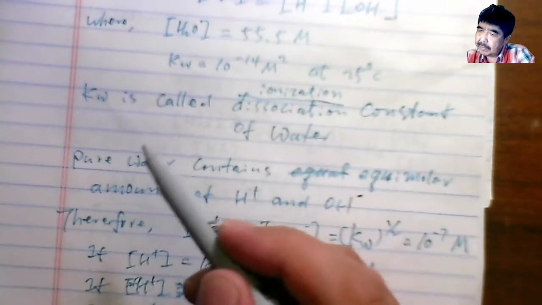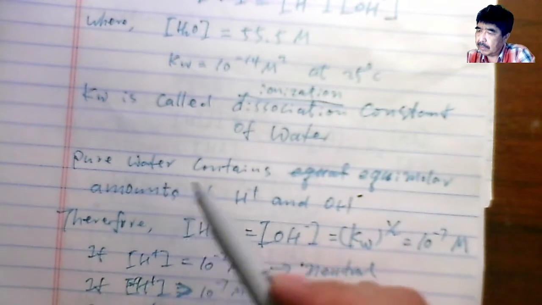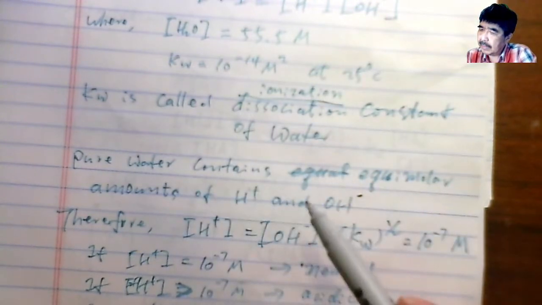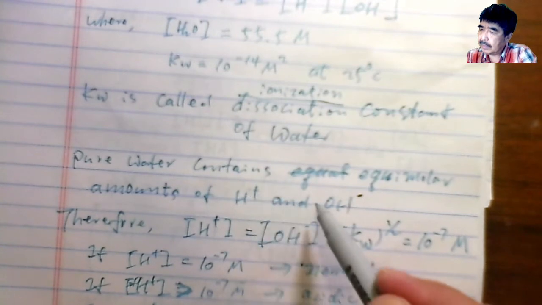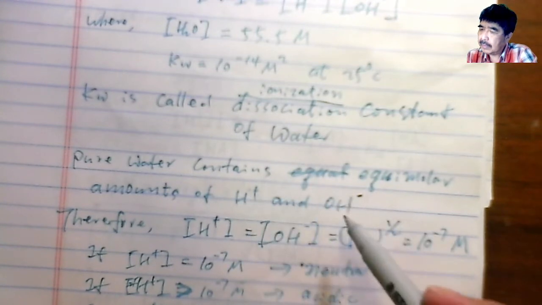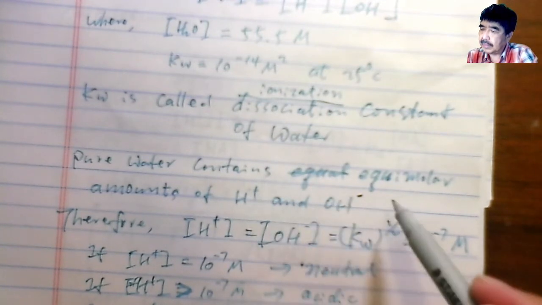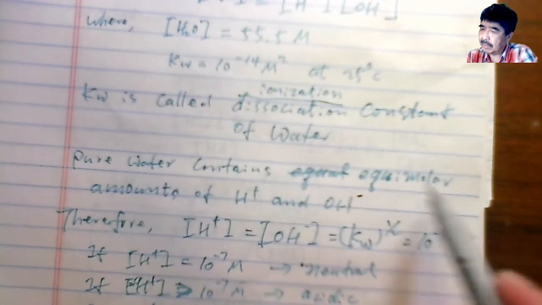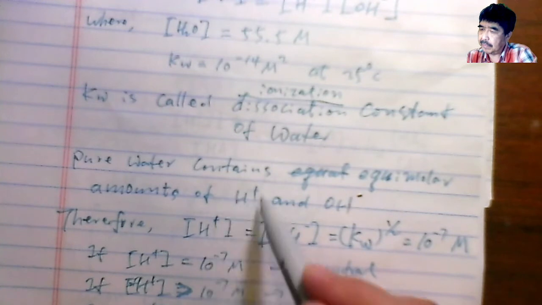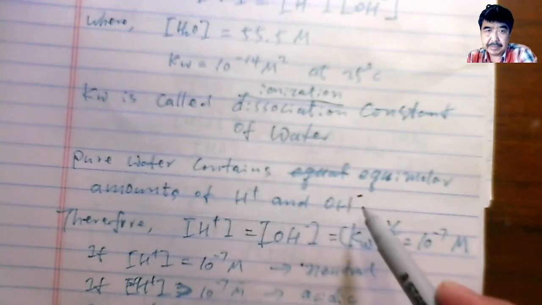In the situation of pure water, the proton concentration and the hydroxide concentration are the same. So pure water contains an equimolar amount of proton and hydroxide.